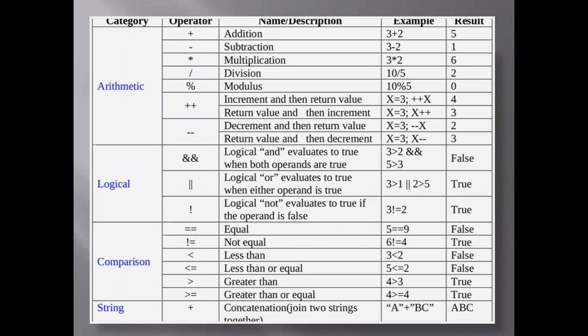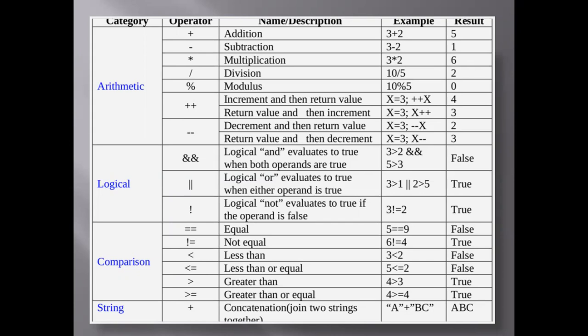So we have the arithmetic operators. Examples are, as we said, the mathematical symbols like plus, minus, multiplication, division, modulus. Modulus is used to calculate the remainder. And then we have the plus plus sign, which is used to increment the value by one.